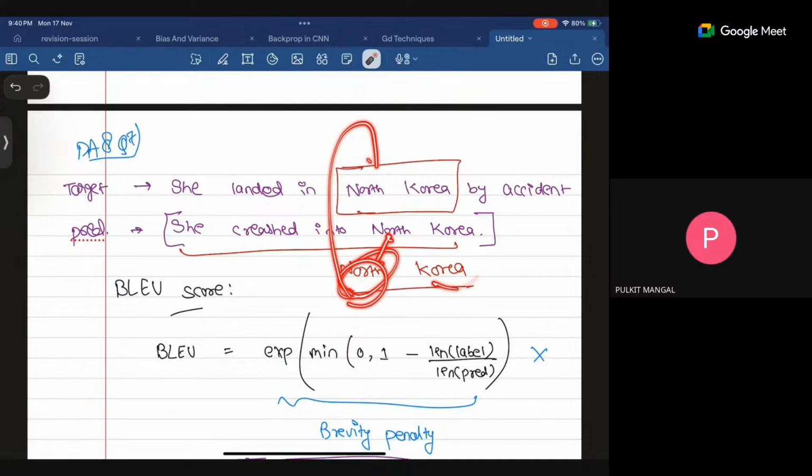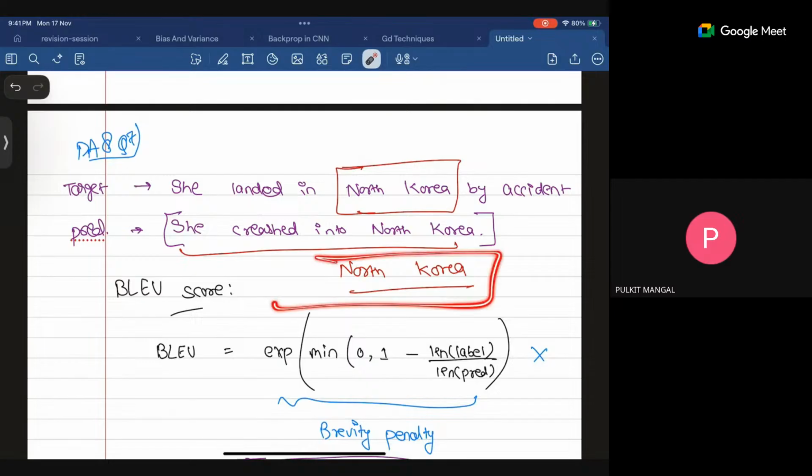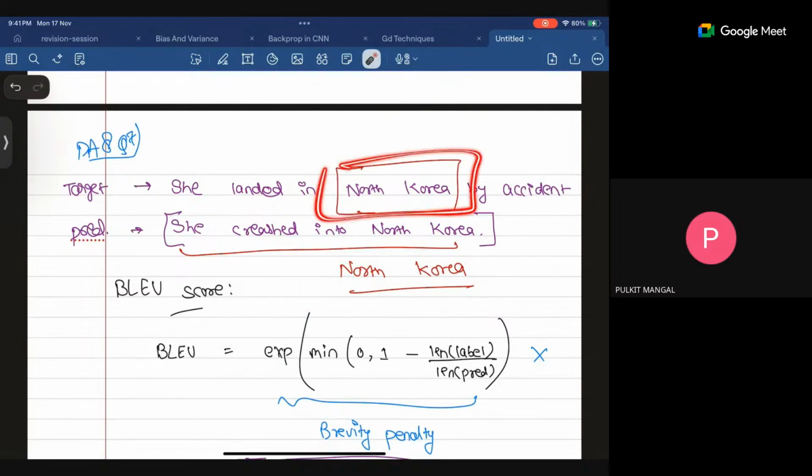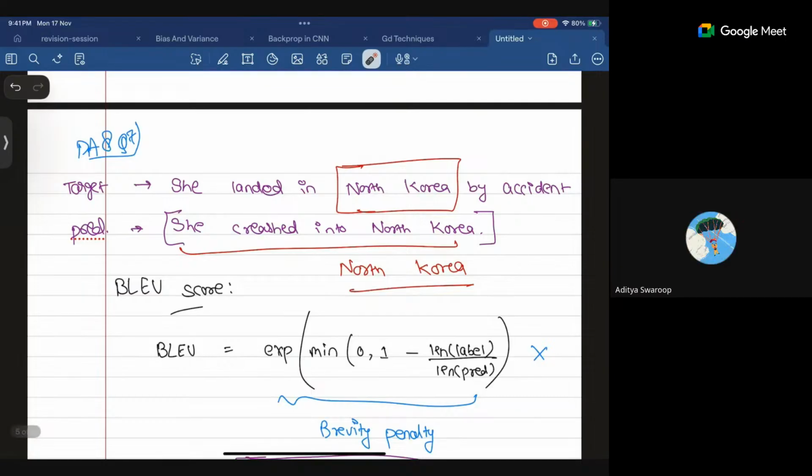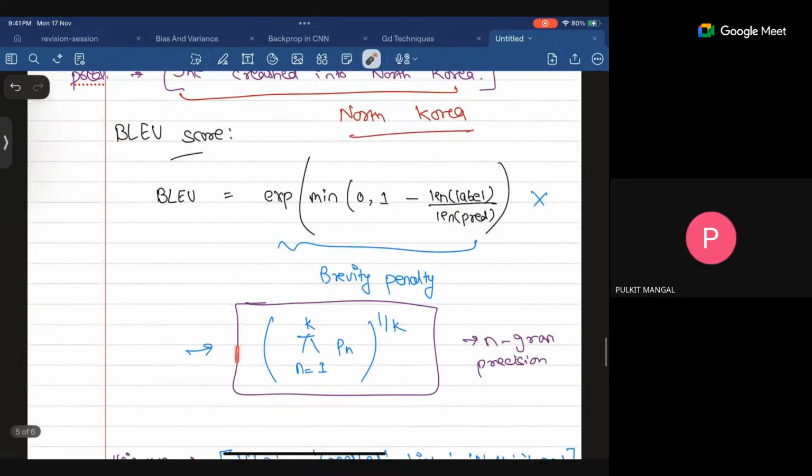North is also here, Korea is also here. So predicted was 2, out of them 2 of them are matching. Calculate its bigram precision. "North Korea", only one pair is there, we have this pair. So again, it will be 1 for the bigram also. So both of them are 1. So 1 into 1 to the power 1 by 2, and 1 power anything is just 1. So the n-gram precision value would be 1, but if you include brevity penalty, then it is going to penalize this short sequence.